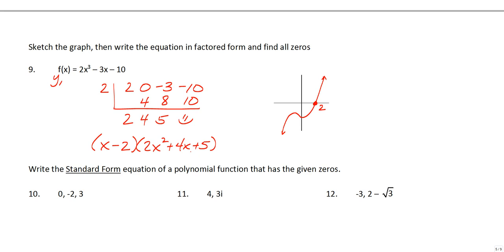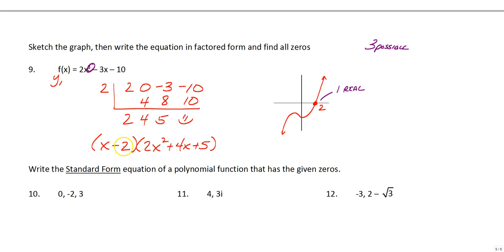That is factored form. Now, listing all zeros, this is the last cool thing. Remember, this is an x cubed, which means we have 3 possible solutions, but we only see one is real. So that automatically should tell you that you're going to have 2 imaginary solutions after you solve this.